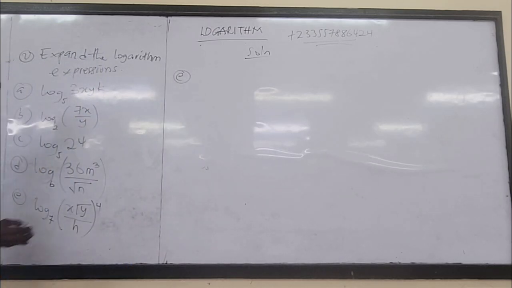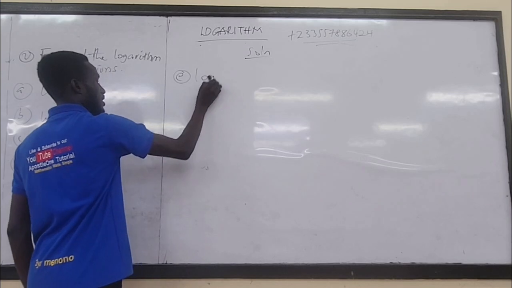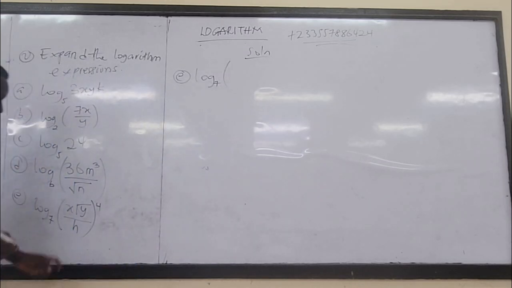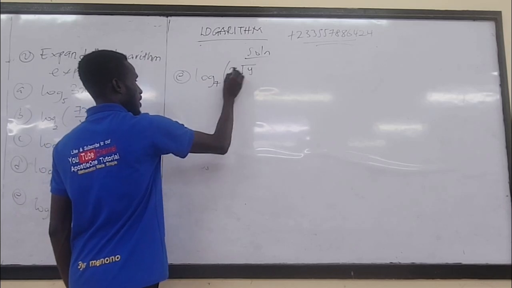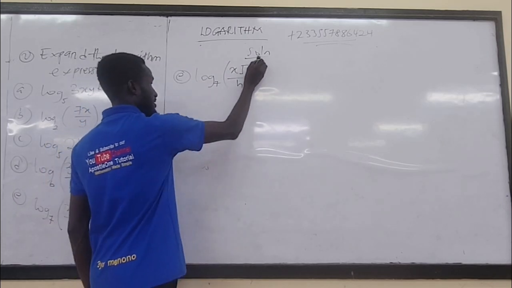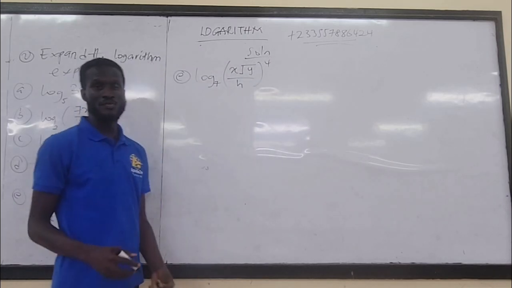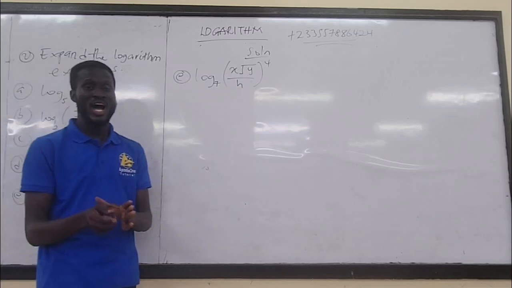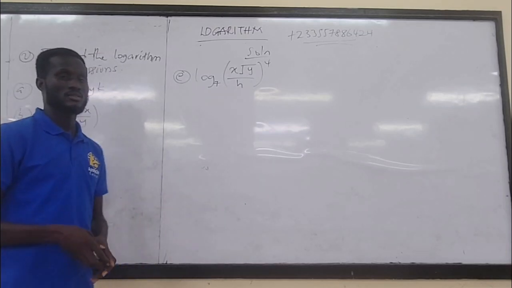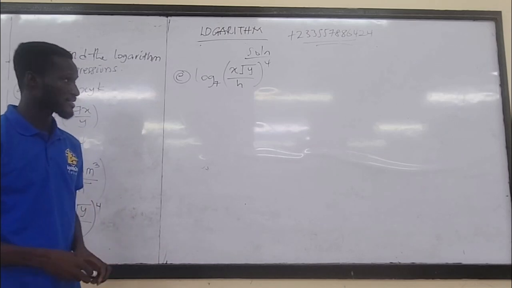Now at E, we have log, the base is 7, of x root y divided by h. Now all is having a power of 4. Don't forget that they are all having a power of 4. So what I have to do, I have to deal with the power first.